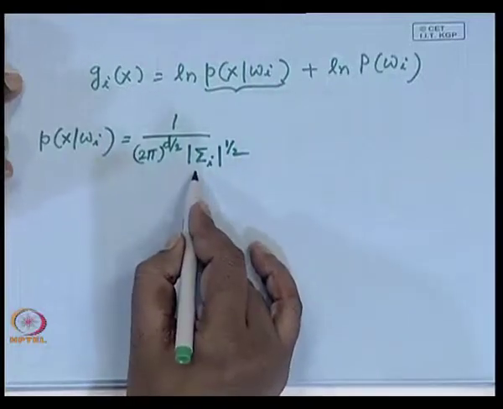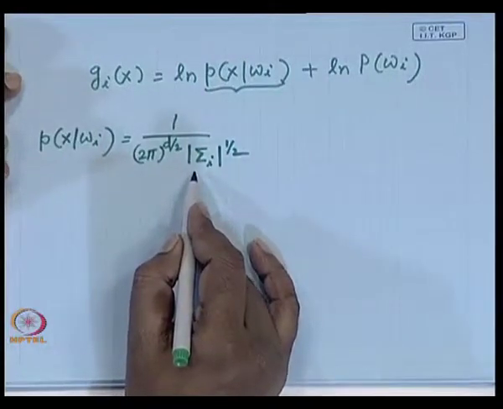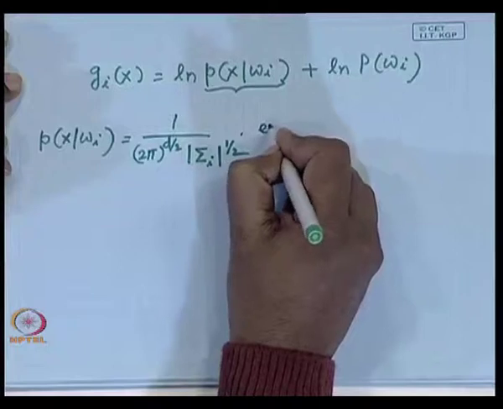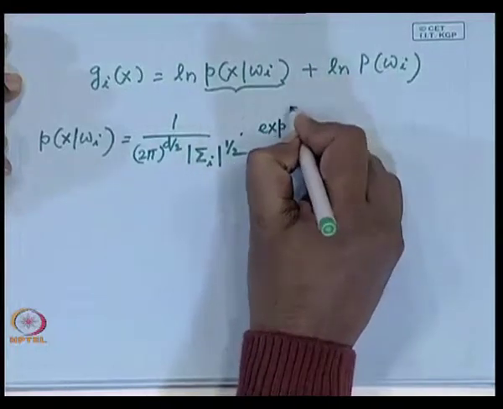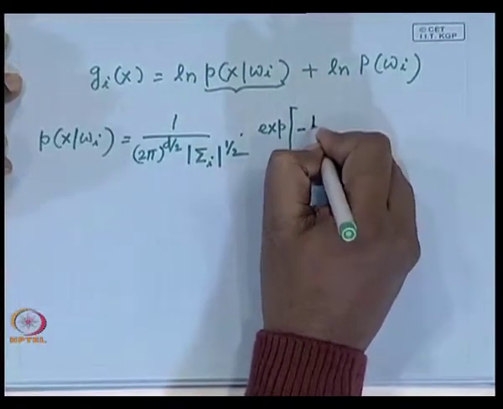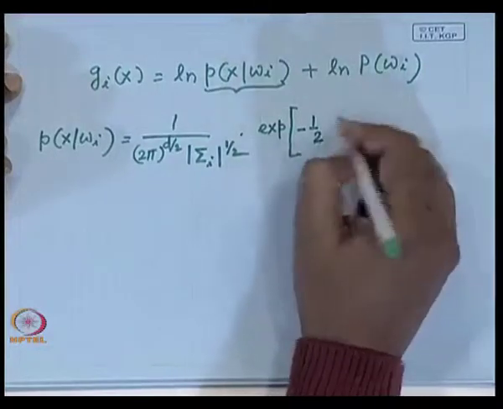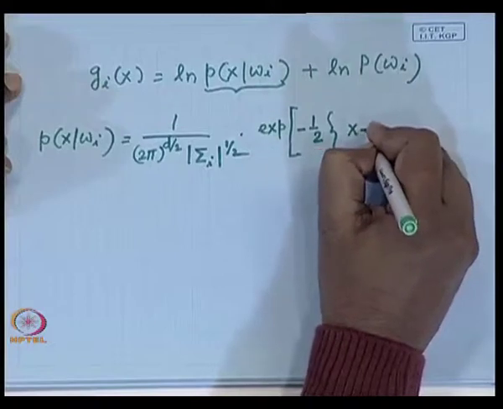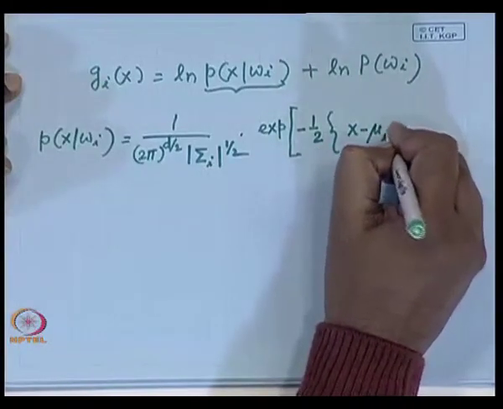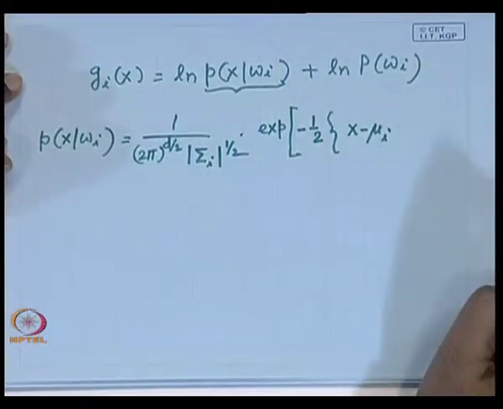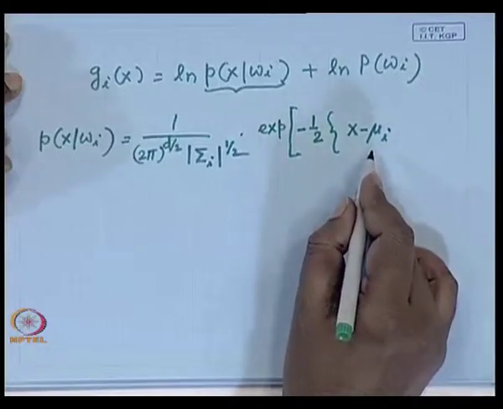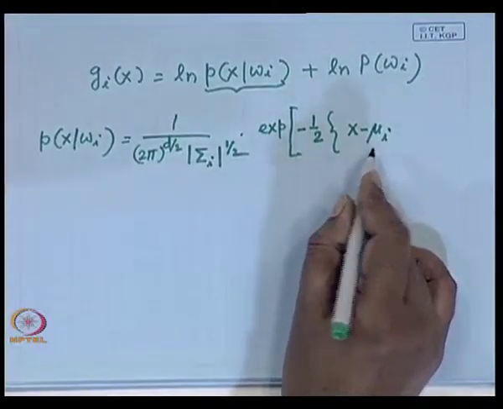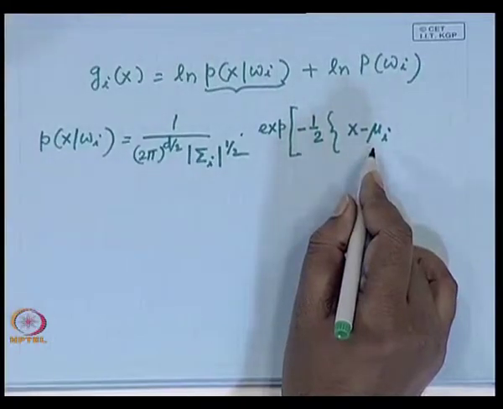So, you find that sigma has been replaced by sigma_i, into exponential minus half, okay, (x minus mu_i), now mu has to be replaced by mu_i. This mu_i, do not take it as the ith component of mu, rather this is the mean vector of class omega_i.